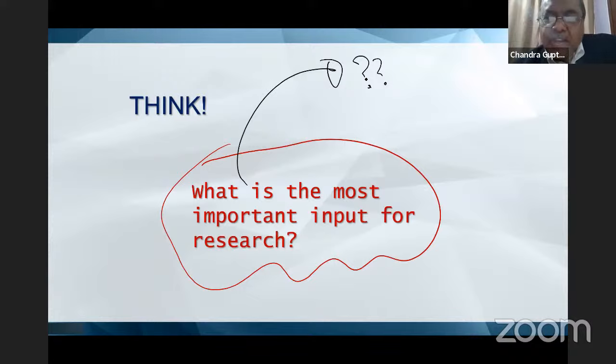Altaf, we need time for every activity, whatever you do. Saraswati, critical thinking. Rakesh, hypothesis. Okay. I think Saraswati raised this point, critical thinking.